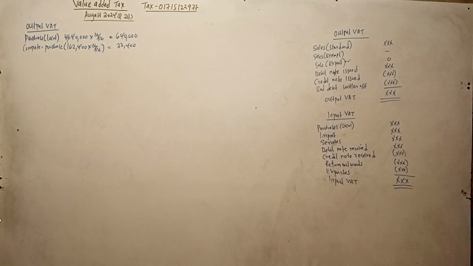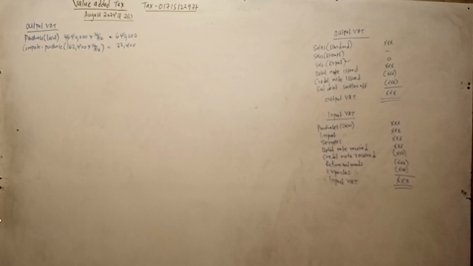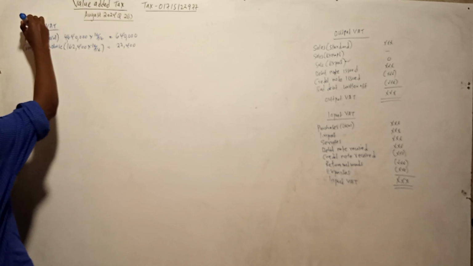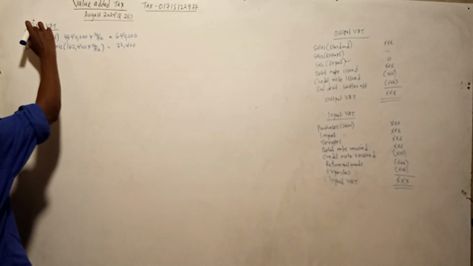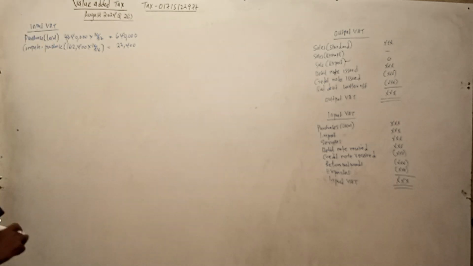Return outward. Now return outward is supposed to reduce our, this is supposed to be input VAT. Supposed to be input VAT.